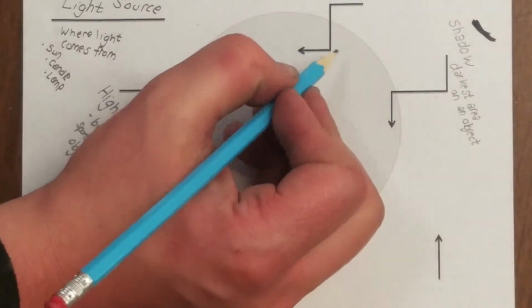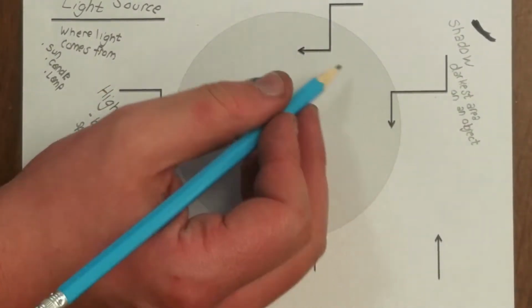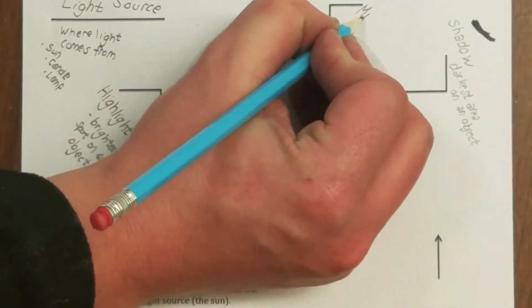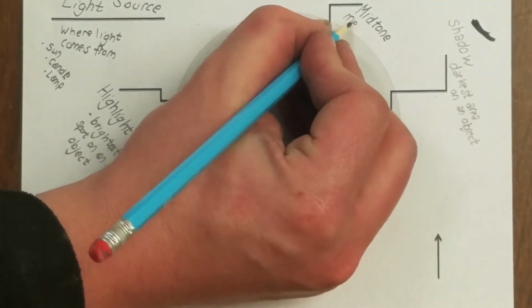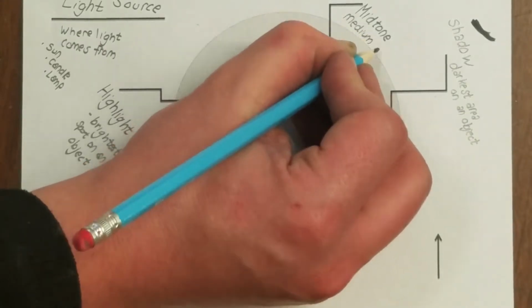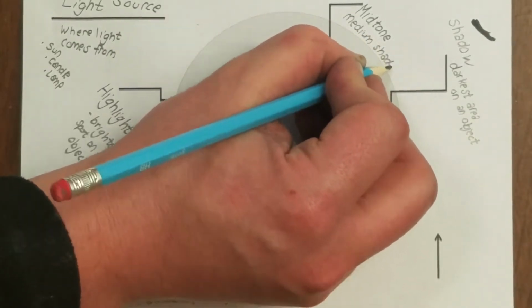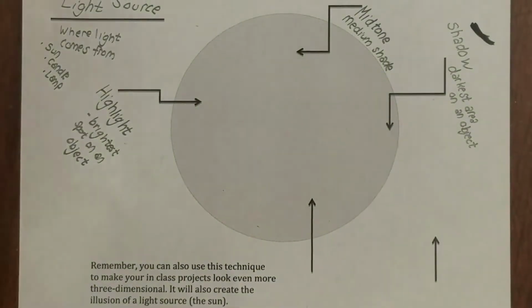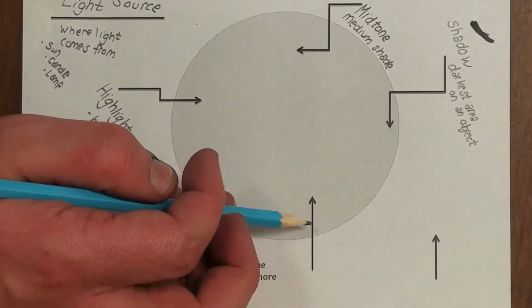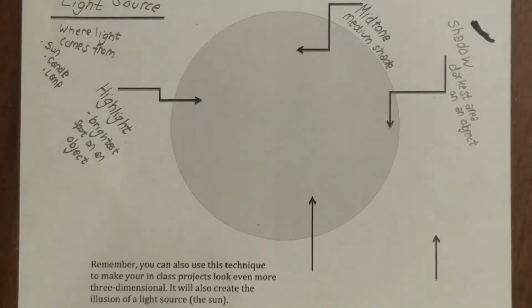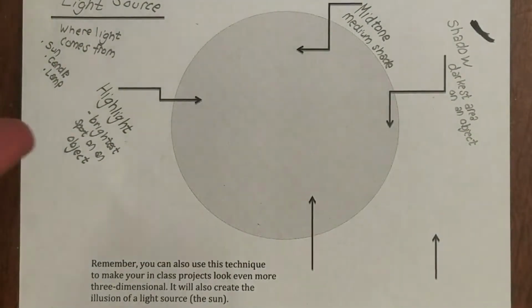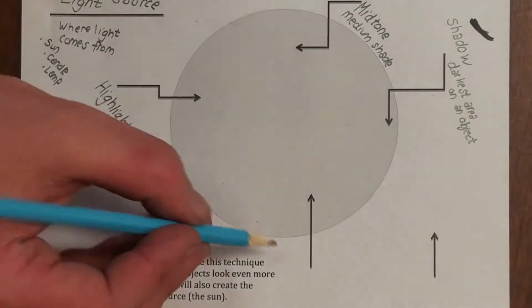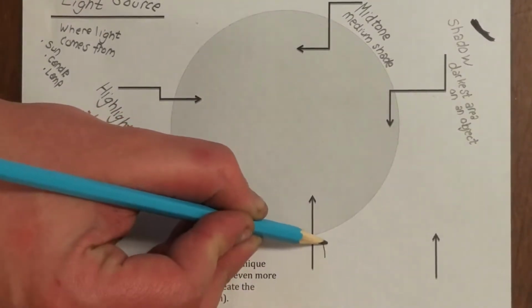Then you've got an area here which isn't quite the lightest, isn't quite the darkest, right in the middle. It's called the midtone. It's your medium shade. Then you've got an area down below the sphere, and something happens when light travels in a straight line from the light source. It bounces off the table or whatever the object is resting on, and it actually bounces back up, and that's where you get your reflection.